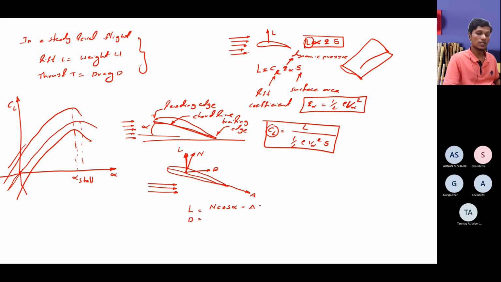This is how you find your lift. And drag is N sin alpha plus A cos alpha. These are the two important equations that you need to remember for the entire course, to transform from normal and axial forces to the lift and drag directions.